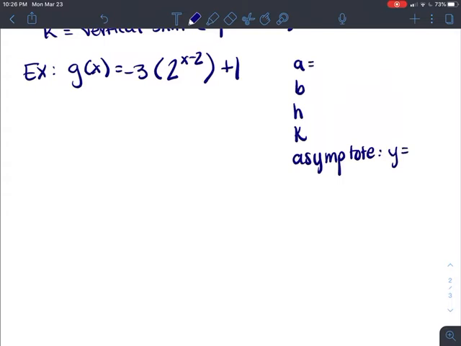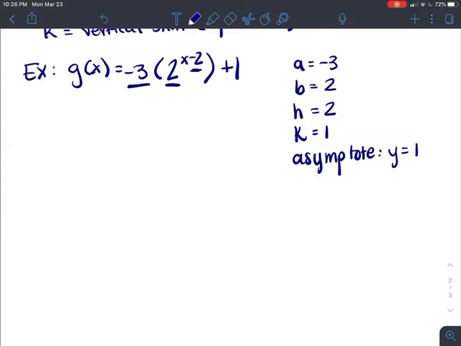So a is right here, so that's -3. My b is my base, which is 2. H is right here, okay? So that's going to be 2, okay? So it's always minus h. So if this was going to be a positive, then this would be a negative over here for our h. You'll see that in a later example, okay? So k is 1. So that means that y equals 1 for our asymptote.